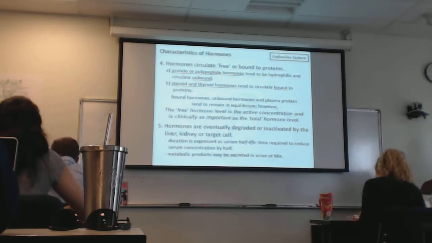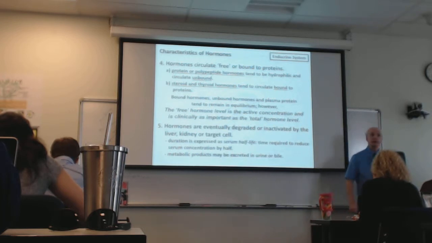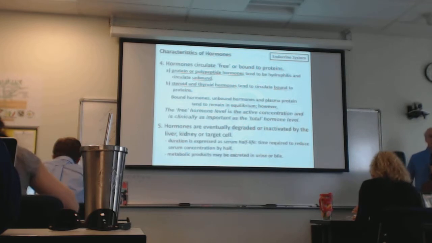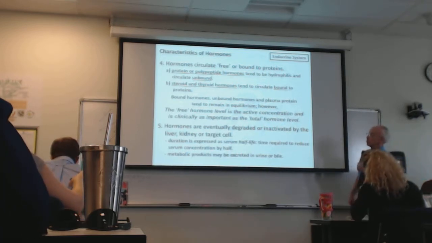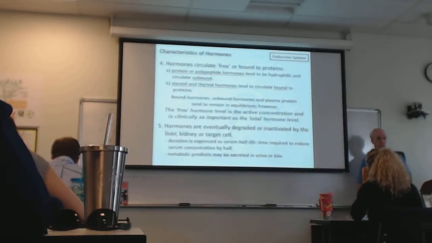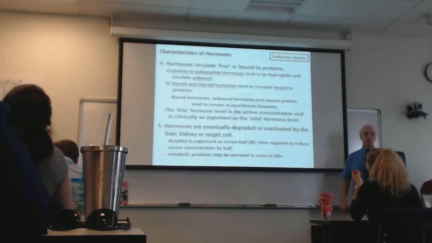As a rule, peptide hormones and amines tend to circulate unbound. Everybody know what I'm suggesting by unbound? They don't have a protein chaperone. By contrast, steroids and thyroid hormones, thyroids are going to give us a problem later, tend to require protein chaperones in order to be transported in the blood.